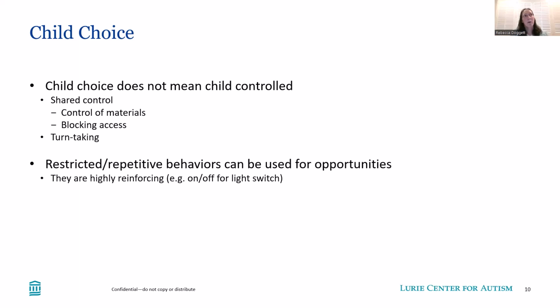So for example, if we're trying to help a child request more snack, let's say, rather than giving them all of the snack bag, so maybe they're eating goldfish, rather than giving them access to all of the snacks at once, we want to maintain what's called shared control, or control of some of the items or the materials.